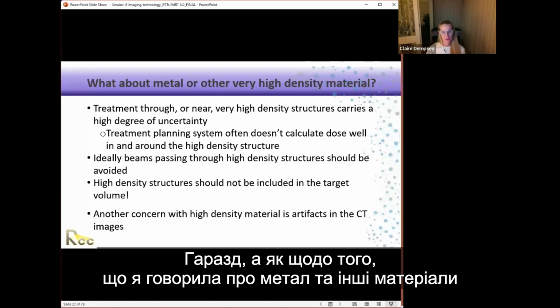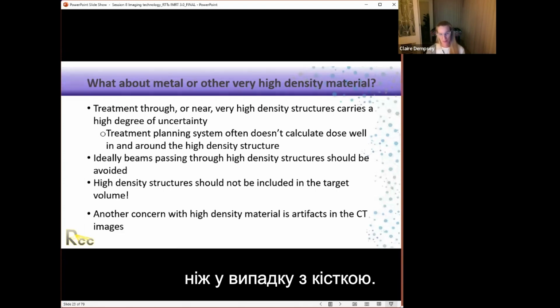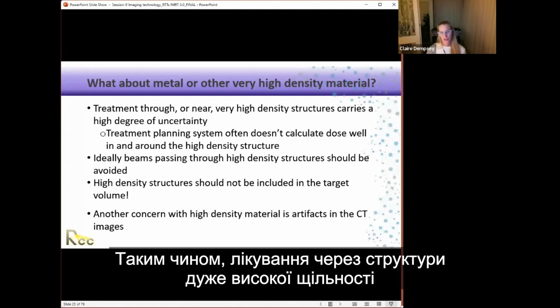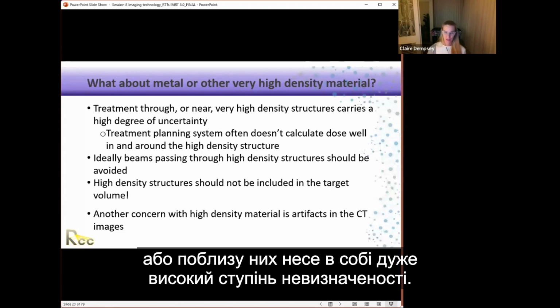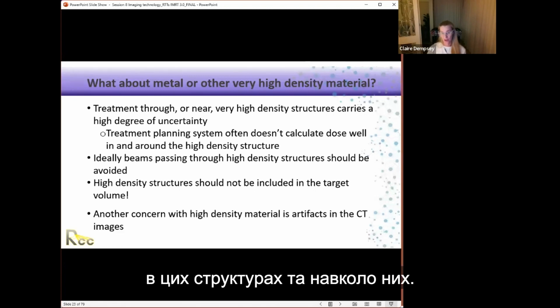Okay, I've talked about metal, another really high density material, and how the impact of that is even greater than things like bone. Treatment through or near very high density structures carries a really high degree of uncertainty. The treatment planning system itself often doesn't calculate dose well in and around those structures.